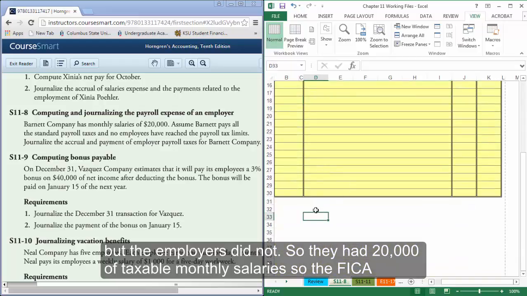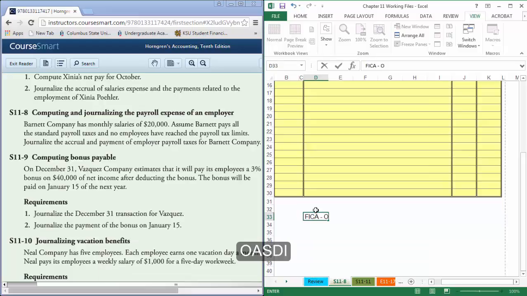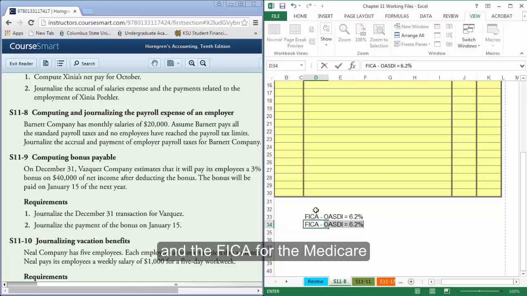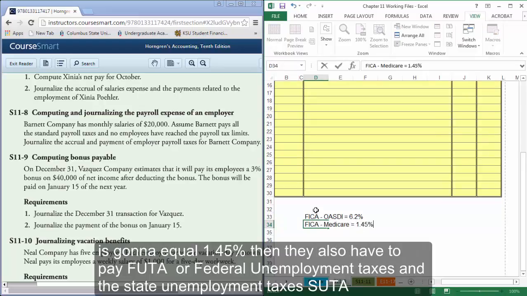All right, so the FICA OASDI is going to equal 6.2% of the wages, and the FICA for the Medicare is going to equal 1.45%.